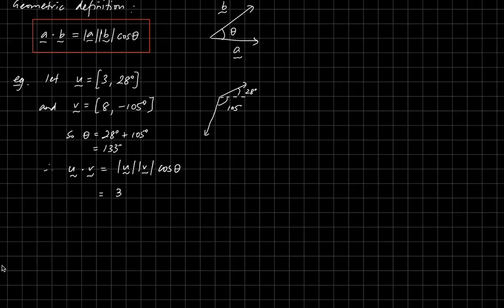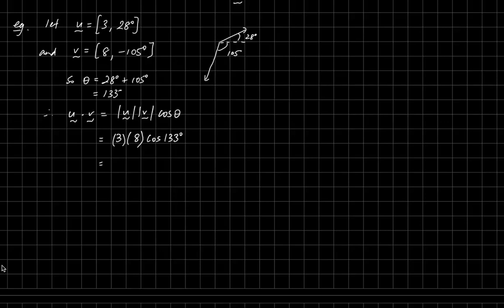The magnitude of u we're given is 3, magnitude of v we're given as 8, and we said the angle between them is going to be 133 degrees. So grab our calculator, 3 times 8 is 24, times the cosine of 133 is going to be negative 16.37.